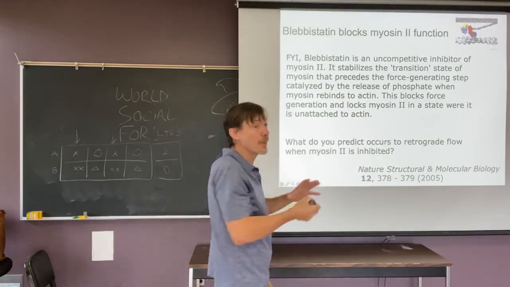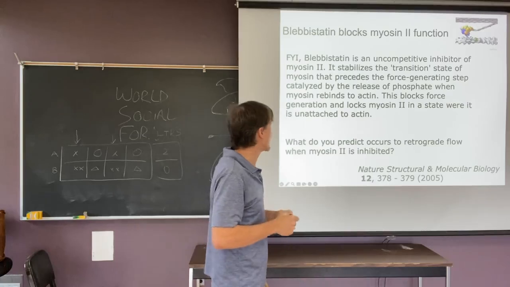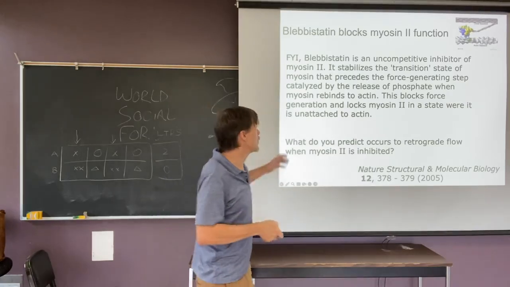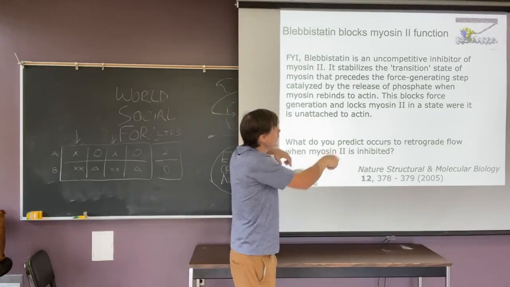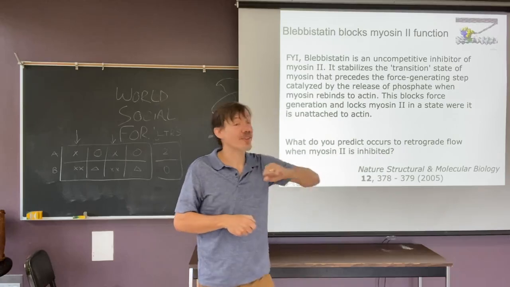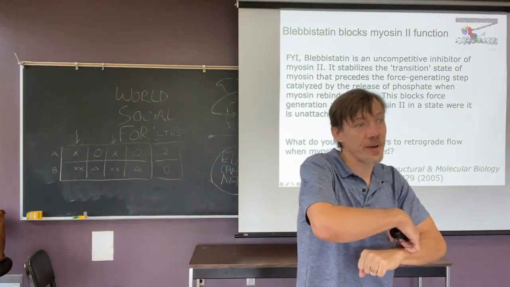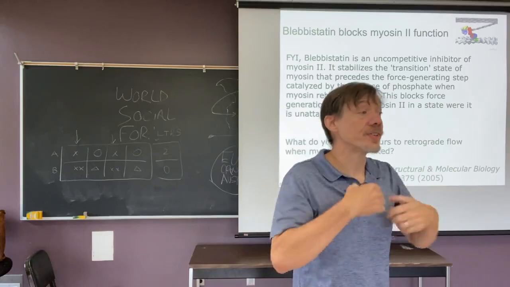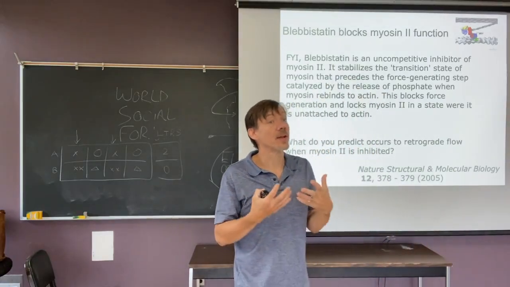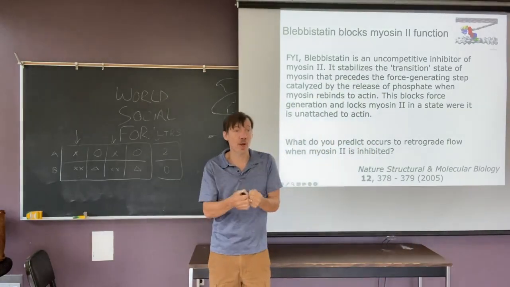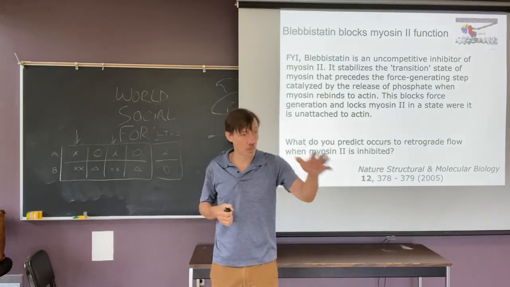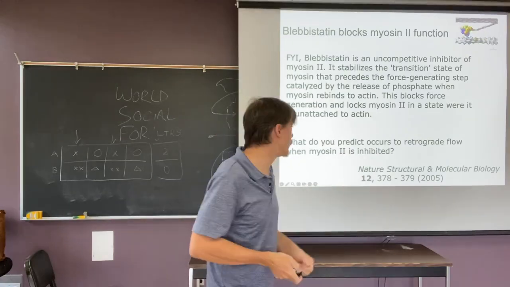So it stabilizes it into a transition state. And very importantly, it's blocking force generation, and it's locking myosin in a state where it's unattached to the actin. So we don't have a rigor state here. The actin and myosin can still slide past each other. It's not going to lock everything together. It's just blocking its ability to walk through that cross-bridge cycle.